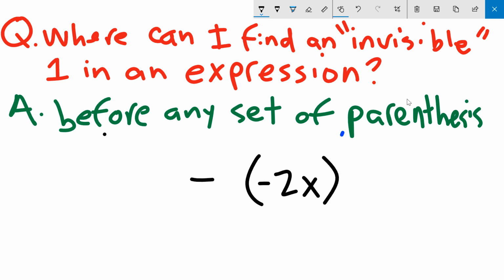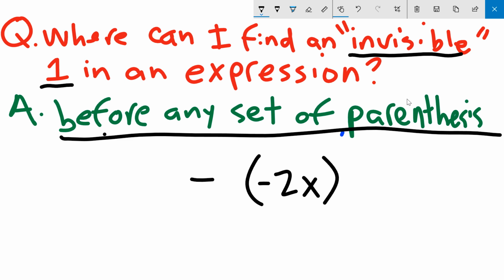If you're looking at an expression and it looks like there's nothing you can do to simplify it, don't forget about the invisible one. And remember, the invisible one is always before any set of parentheses. In this case, the invisible one would be right here.